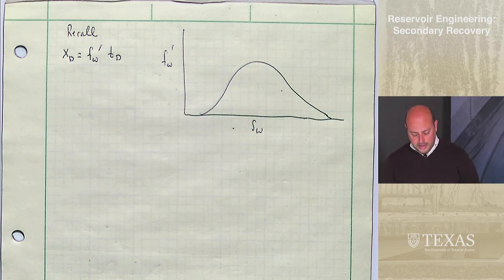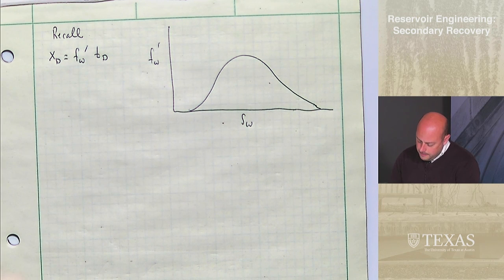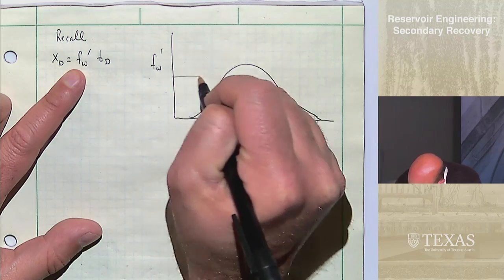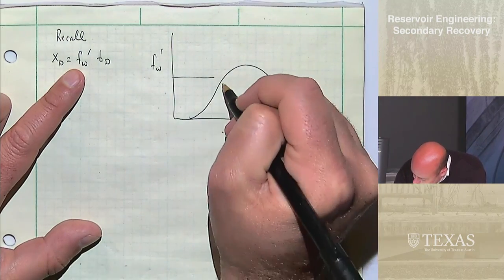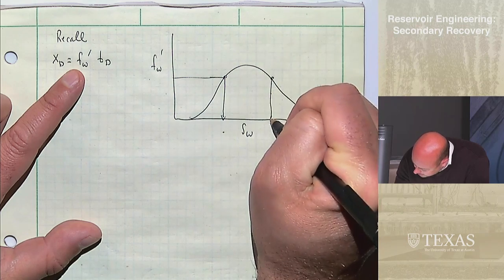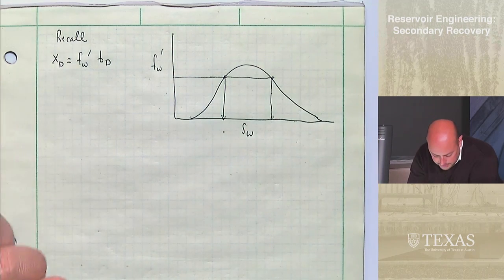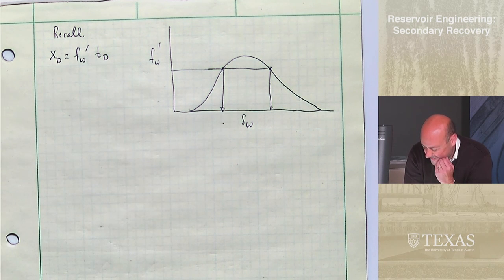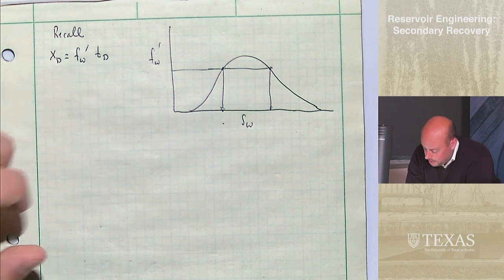So this curve goes through a maximum, which means that for a given FW prime, there are two saturations which correspond to that. So there's two saturations which correspond to the same FW prime.